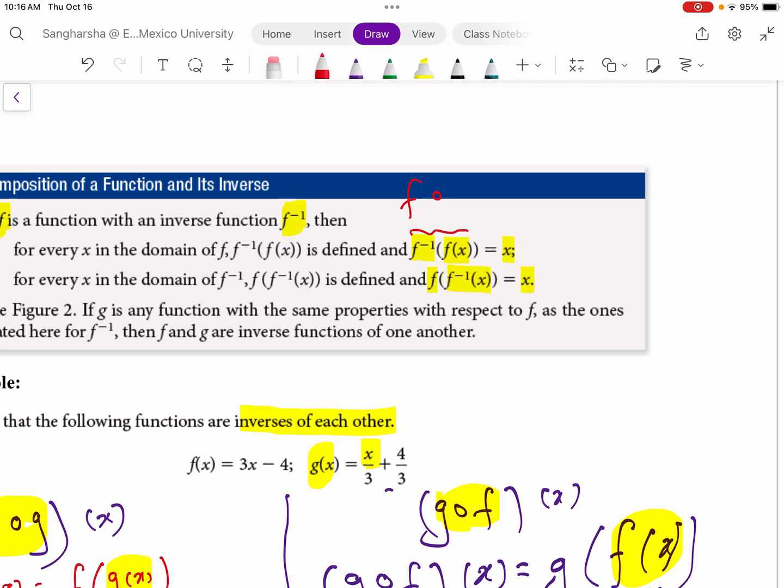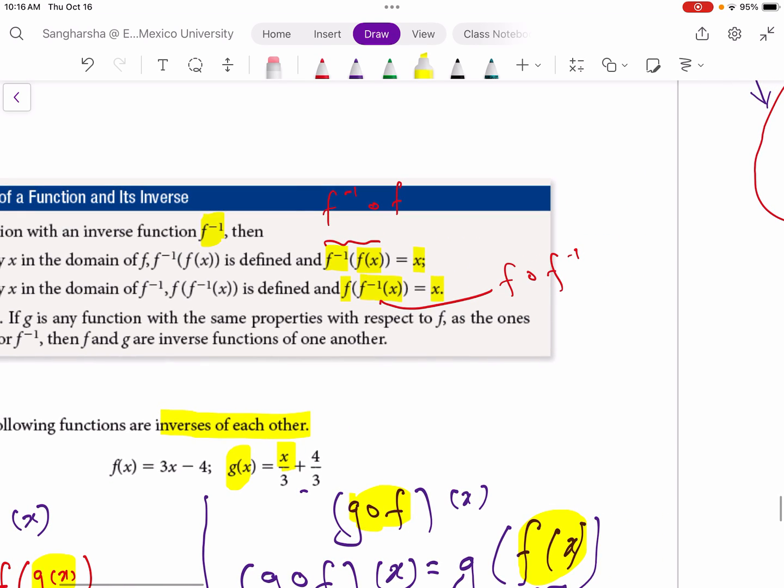So this is f inverse composite f, and this part is f composite f inverse. In our case we have f inverse as g, so they use g here. So g composite f and f composite g, if that equals x, then our two functions are inverses of each other. It's the same thing here.